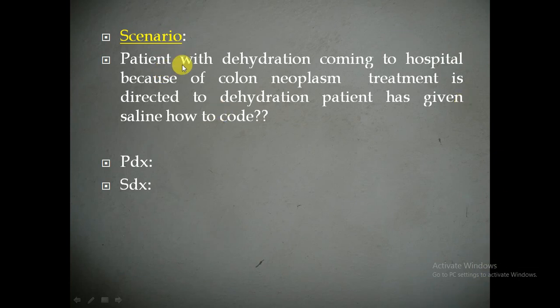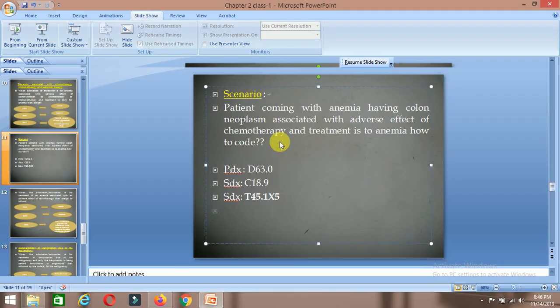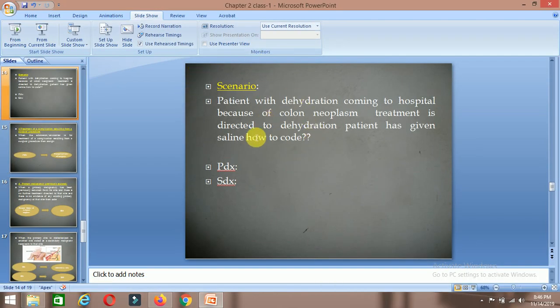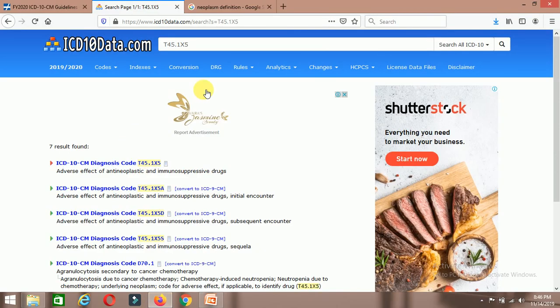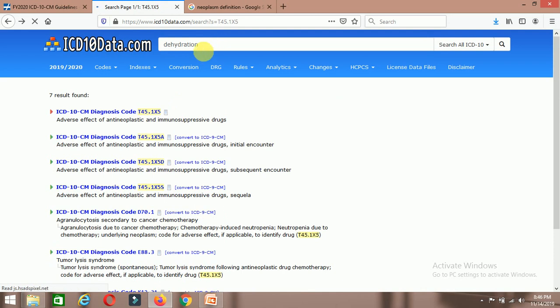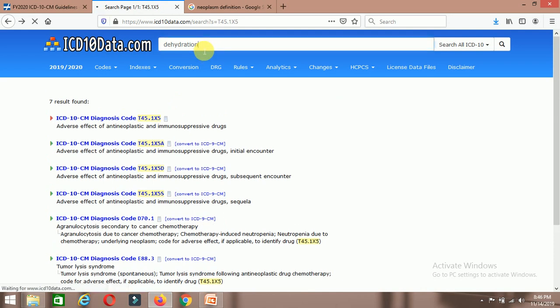So here patient is coming with dehydration because of the neoplasm, and treatment is to the dehydration only. So how to code we will see. So as patient is having dehydration, to which the treatment is, we have to code that as a principal diagnosis. So dehydration ICD we will see here. One second, I think the software is slow.